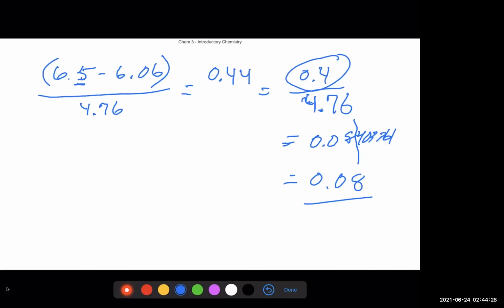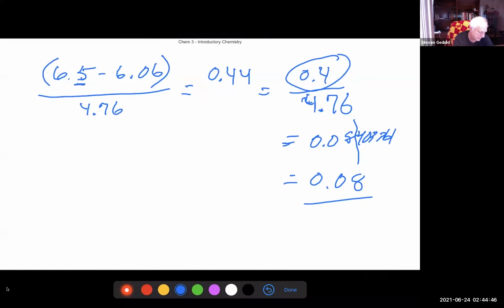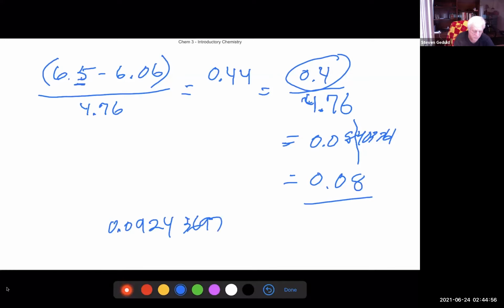Yeah. So you can do it different ways. There's different ways to do it like that. So you can do 6.5 minus 6.06 equals 0.44, divided by 4.76. That comes out to 0.09243697. Okay.